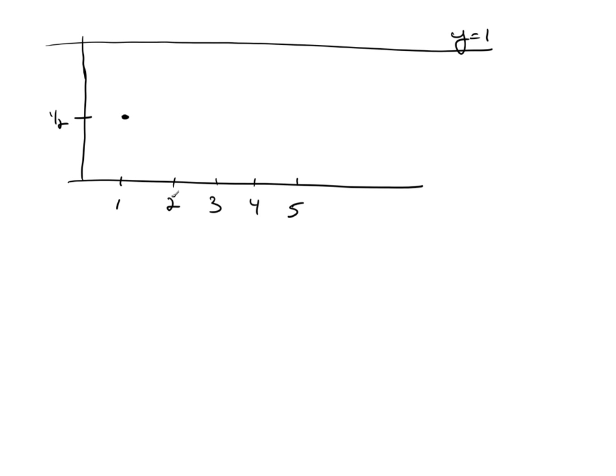When n is 2, I'm talking about the partial sums now, I was at 3/4. When n is 3, I was at 7/8. And I think you see, if you keep going, I'm cutting this distance in half every time. Asymptotically, I'm approaching the line y = 1.